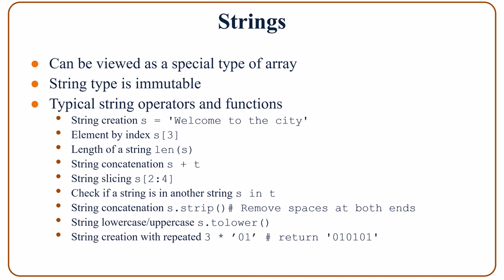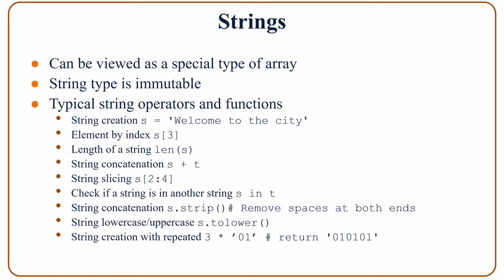This is because strings are zero-indexed, with indexes starting from 0. If you want to get the length of a string, then we use the length function. If we want to concatenate two strings, we use the plus, like s + t.